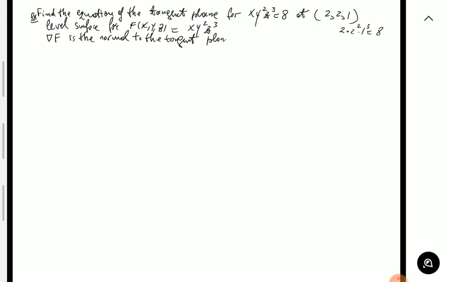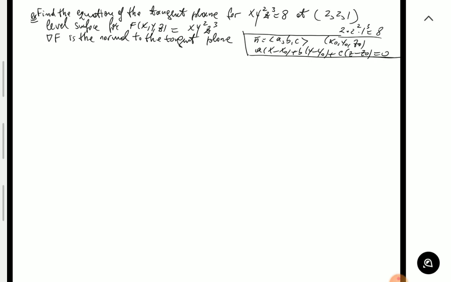Let me remind you that the equation of a plane, let's put it here in a box, whose normal is given by the components a, b, c, and that goes through the point x naught, y naught, z naught, is a times x minus x naught, plus b times y minus y naught, plus c times z minus z naught equals 0. So we have the point, we just need to compute the normal. What is the normal? The normal is the gradient, as I said.